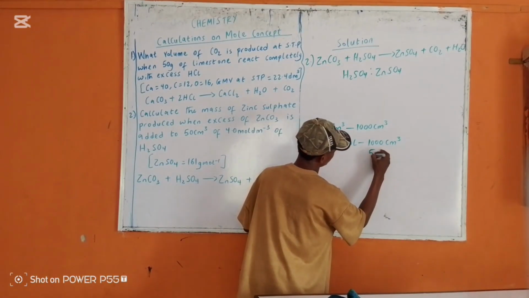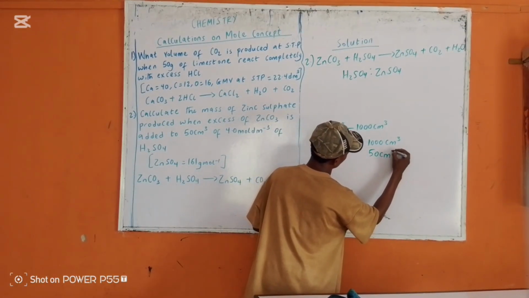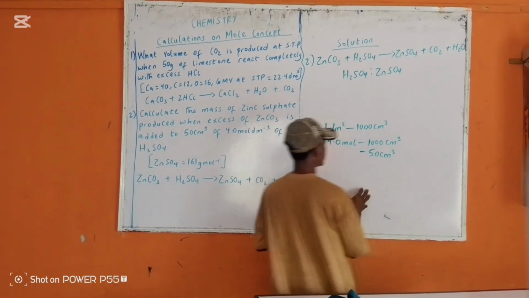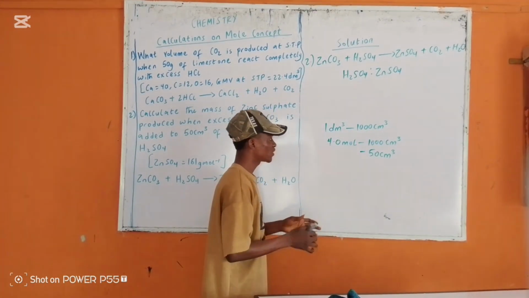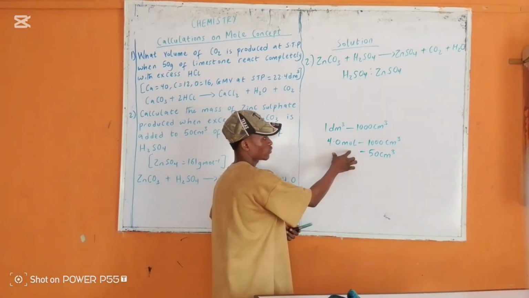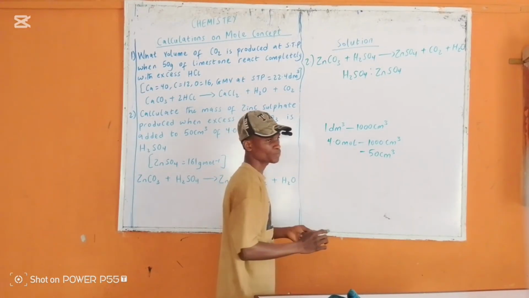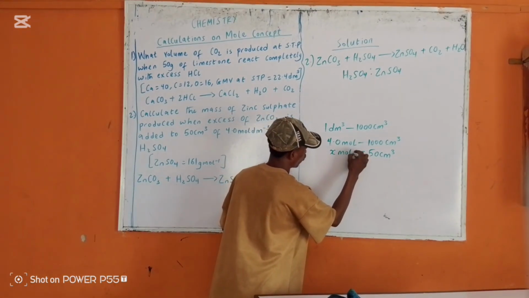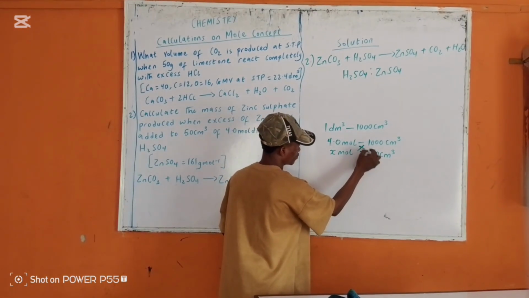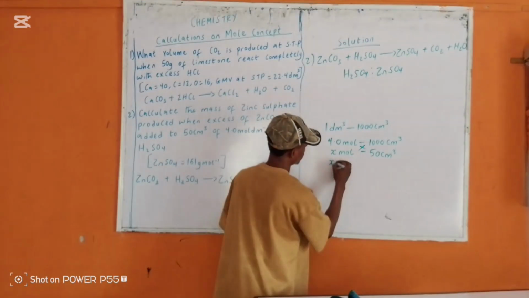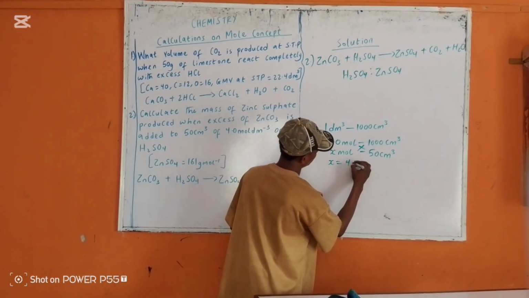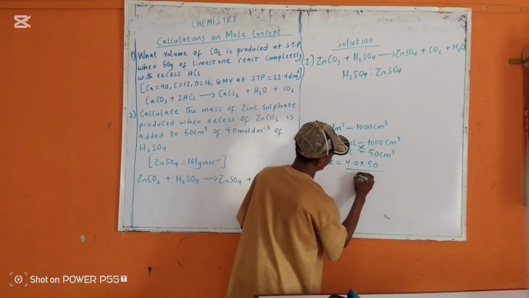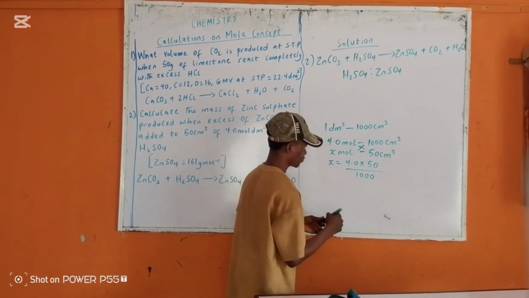So we have 50 cm³. How many mole are we going to have for 50 cm³? We have x mole. Cross multiply. So x equals 4.0 multiplied by 50 over 1000.